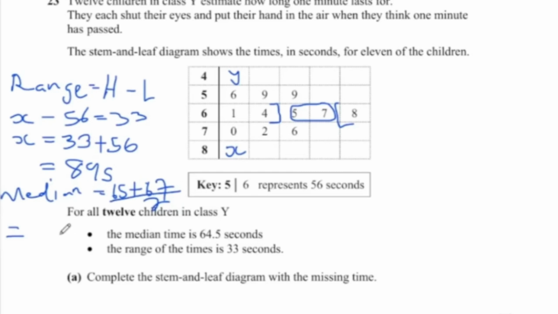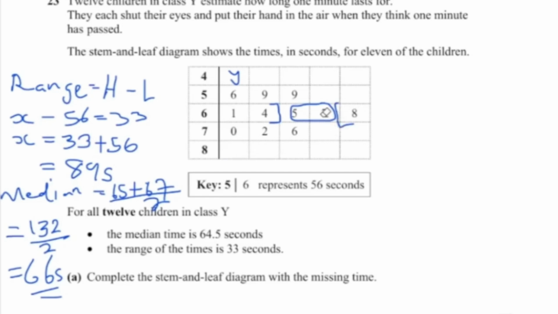That gives us 132. 132 divided by 2, we are going to have 66 seconds as the median, but that's clearly wrong. Okay, because the median time has been given to us to be 64.5 seconds. So it means that that number isn't here. So we cancel that. This is wrong. There's no data set here.